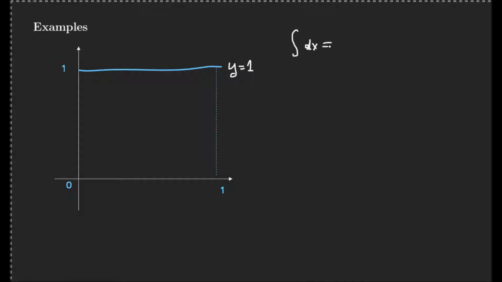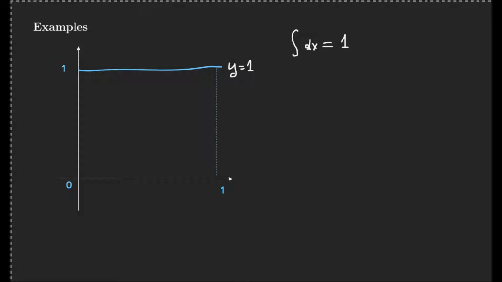We understand intuitively that this is the area surrounded by y equal to 1, the x-axis, the y-axis, and x equal to 1, which is perpendicular to the x-axis. Here FTC is no problem, but this graph also suggests the value intuitively. This is just 1.